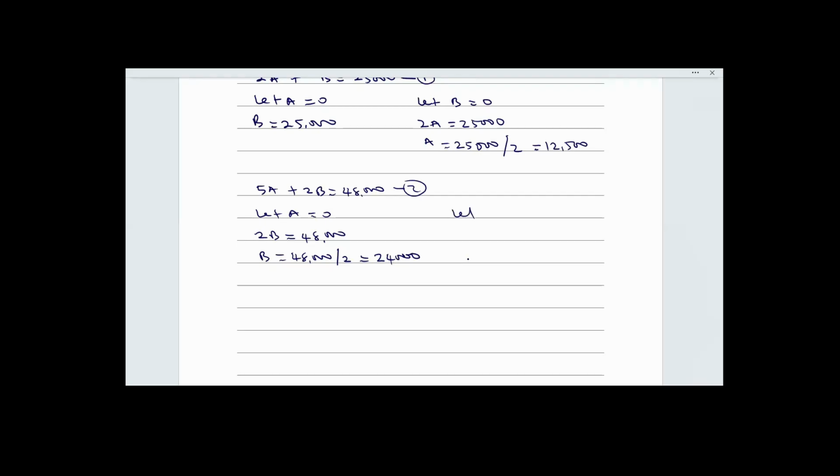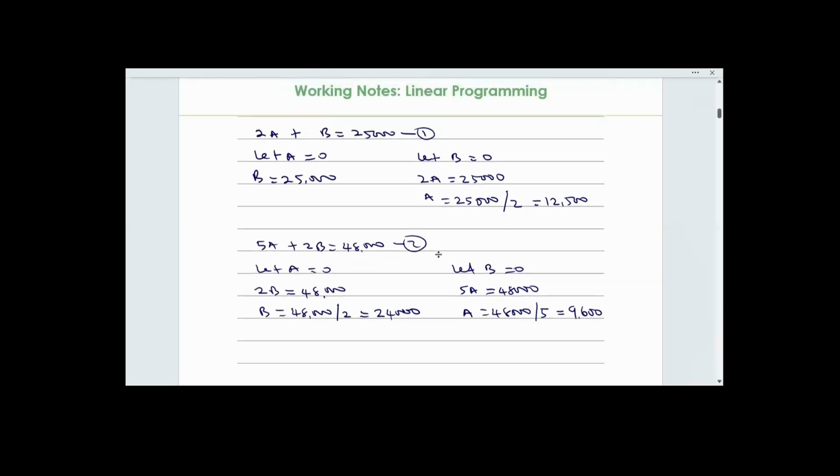Again, let B equal to 0. Therefore, 5A will be equal to 48,000. A equal to 48,000 divided by 5, which is 9,600. I'm done with equation 2.